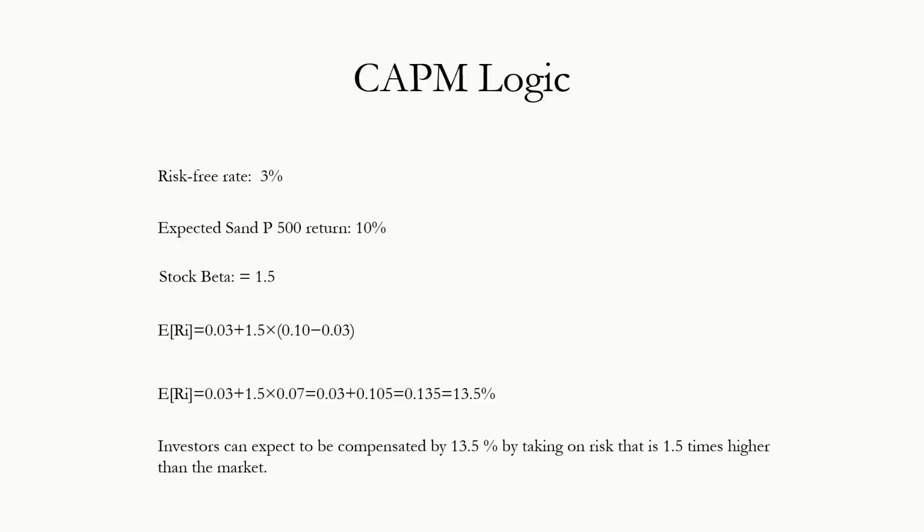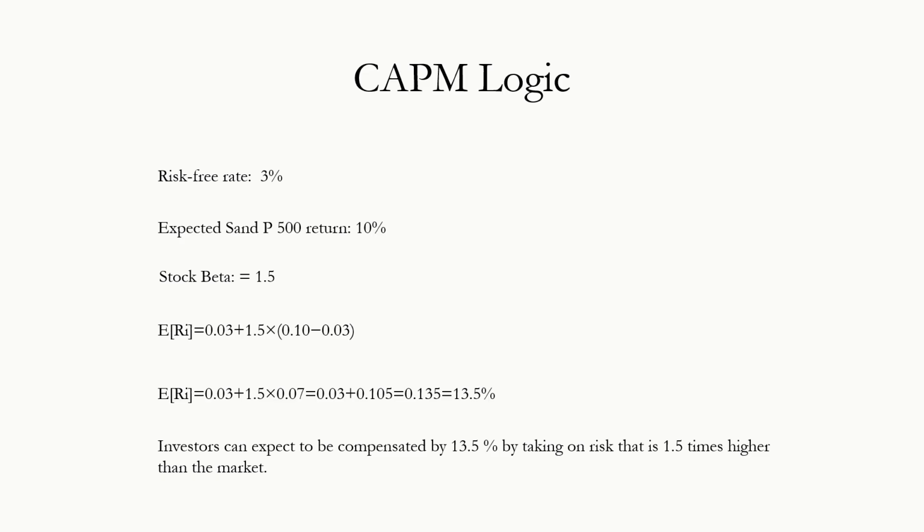So what's the CAPM logic? Let's go over that. We have the risk-free rate, for example 3%, an expected S&P 500 return of 10%, and a stock beta of 1.5. So recall that we have to add the risk-free rate plus the beta times the market return minus the risk-free rate. Okay, and if we do that, with some algebra, we get 13.5%.